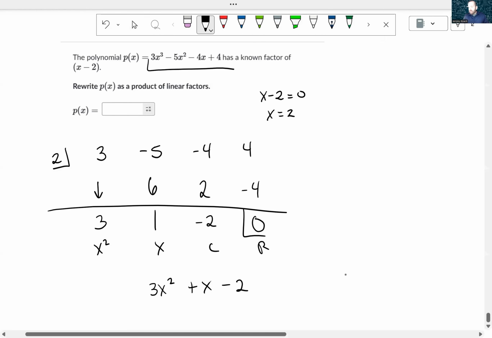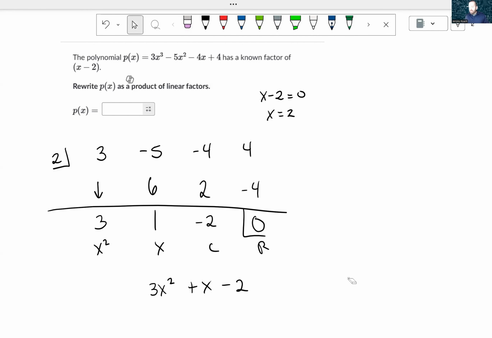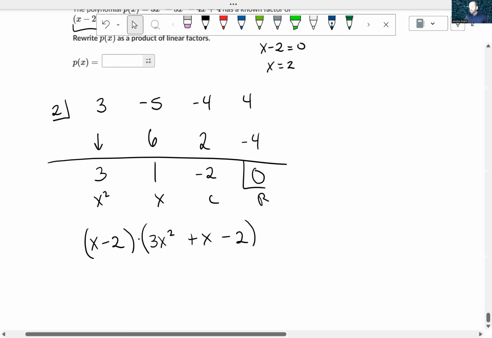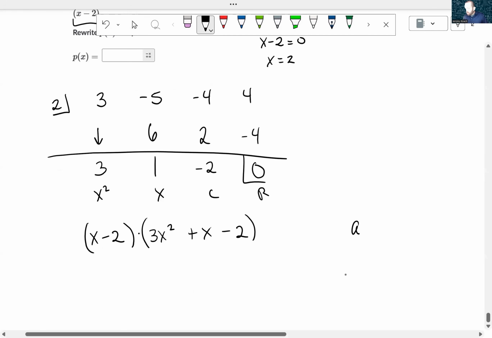So we're breaking this down into its fully factored form. We know this is one of the factors. We know this is the second part. So far we've broken this down so it looks like this. If we multiplied that out, we would get that. But we just want to break this apart with the AC method now. So AC is -6.